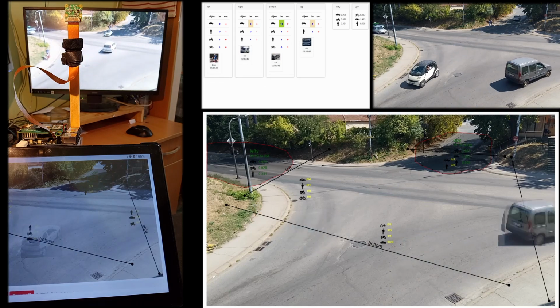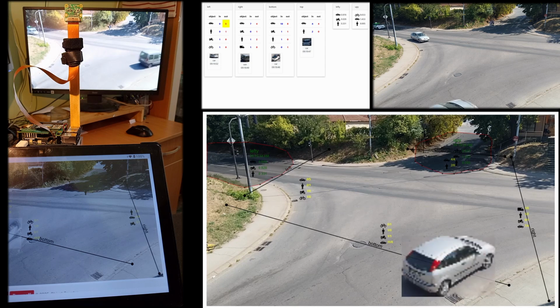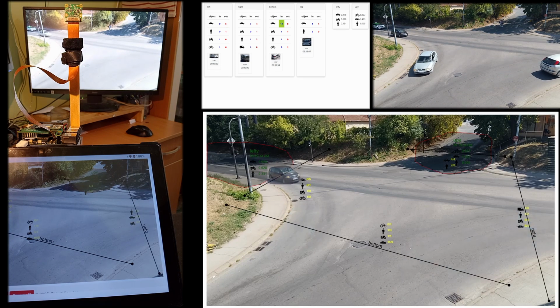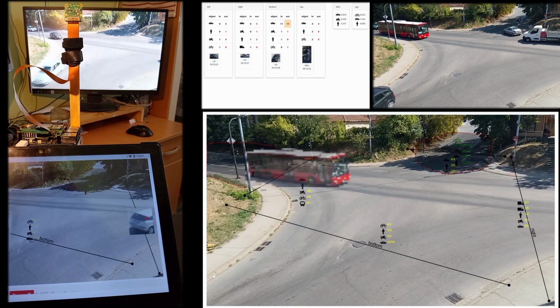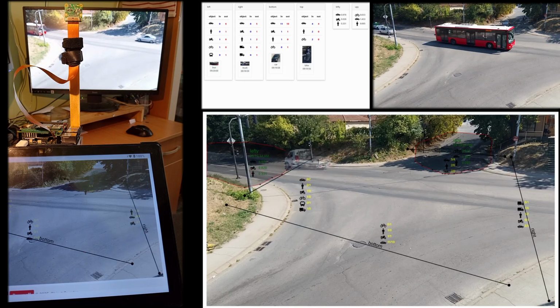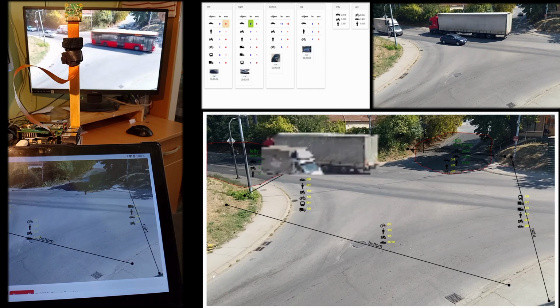For that purpose I designed 4 lines: left, right, bottom, top, as you can see them, and also I added 2 zones on the left and the upper side.